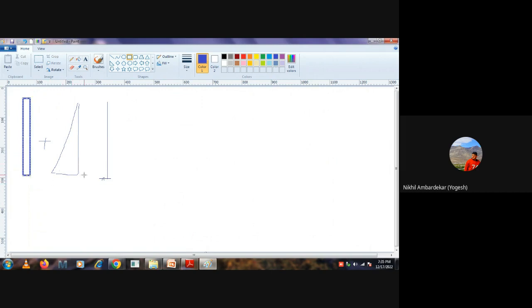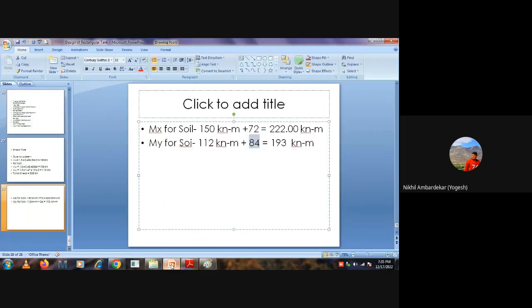That's why we added these values: maximum bending moment due to the triangular pressure plus maximum bending moment due to the surcharge, for both MX and MY. So this is the additional bending moment which is generated due to the surcharge. Okay, understand? Yes, sir. Okay, so this way we have completed the bending moment.